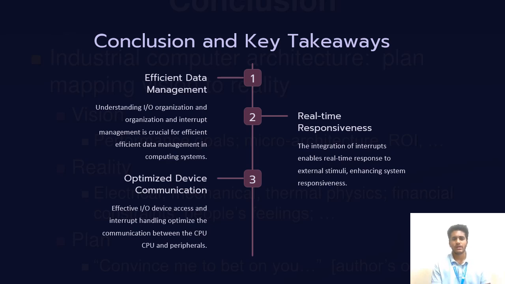Coming to an end, conclusion and key takeaways: I explained the input-output devices, how to access them and how to manage them. And next, coming to the interrupt and interrupt hardware, we can make use of the organization of input-output to use data in an efficient way.